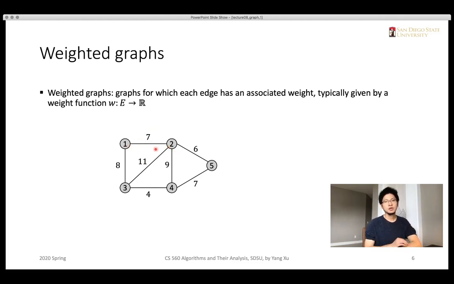Okay, so this is a very practical setup, because when we use a graph to represent a real world problem, the edges can indicate the distance between, say, cities or airports, right?